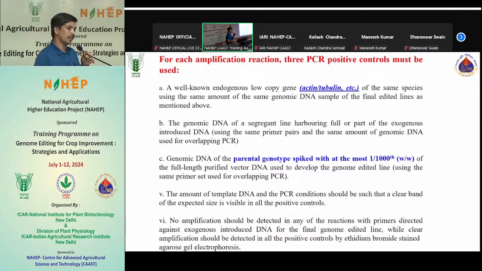Earlier we thought that generally we run a plasmid as the positive control. But here they mentioned wild type as a negative control.